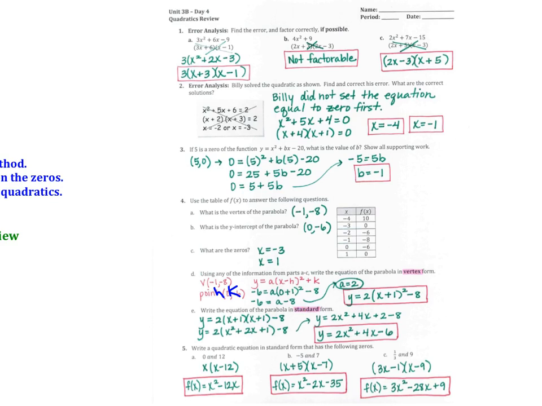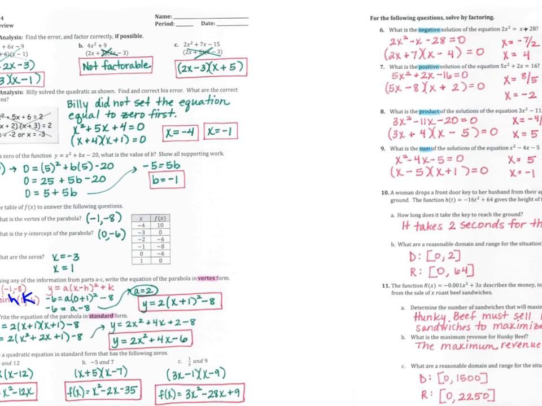If you have the correct equation just written in the wrong form, it's not going to count it as being correct. So make sure we're writing things in vertex form if it's asking for vertex form, or standard form if it's asking for standard form. I completely realize that it might be easier to just leave this in vertex form, but here, if it's in standard, we have to distribute that out and solve accordingly.